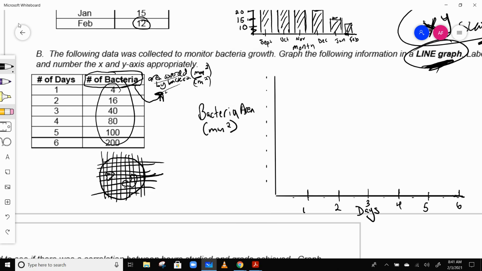Okay, so we have a line here, 2, 3, 4, 5, 6, 7, 8. We're definitely going to need a broken scale here, right?